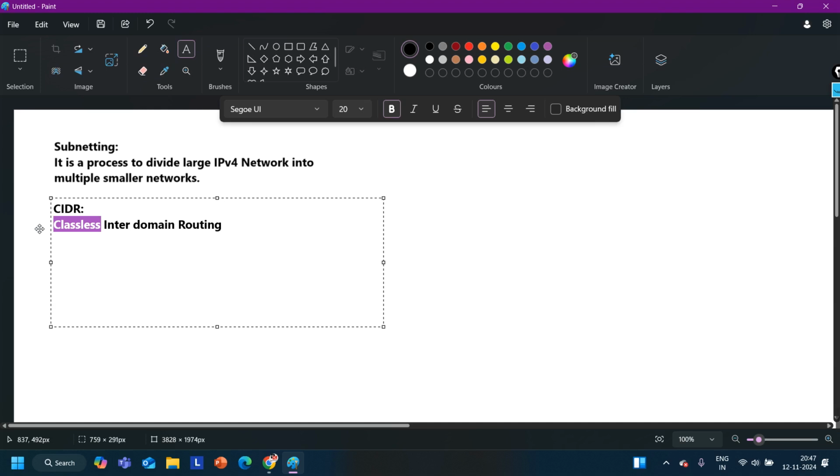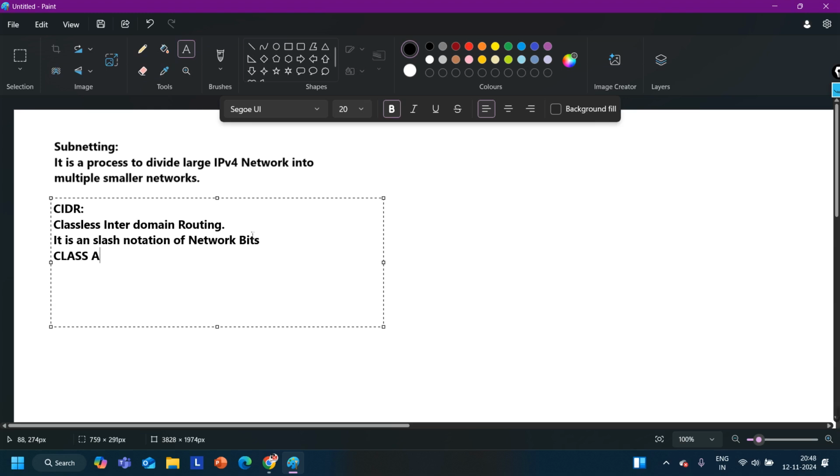And now I am talking about classless, where we don't have any class. So the CIDR value is nothing but the slash notation of network bits.